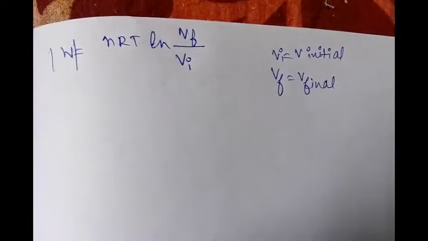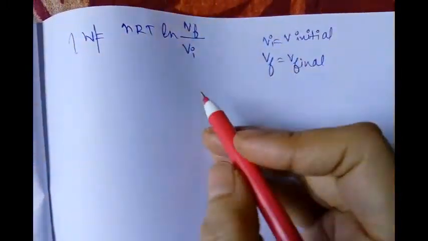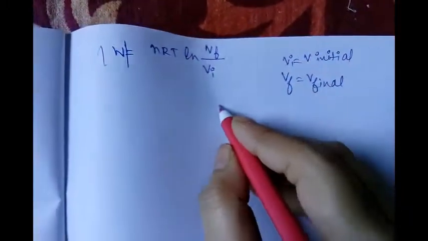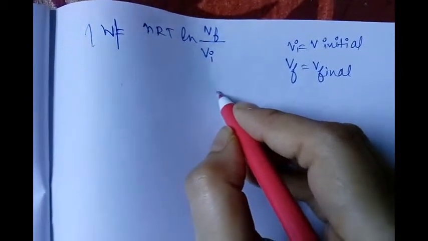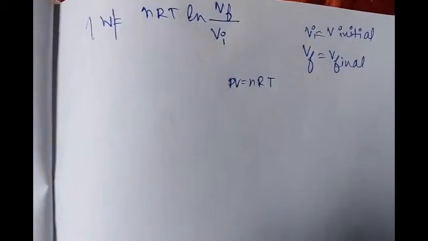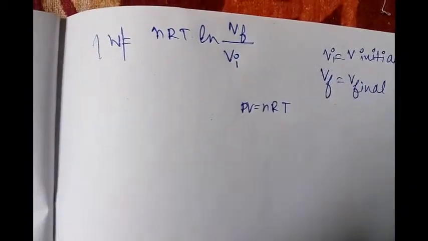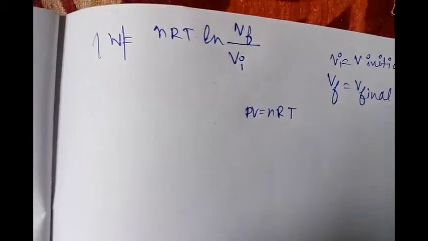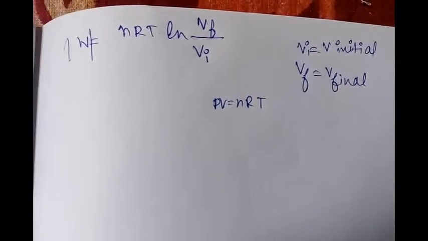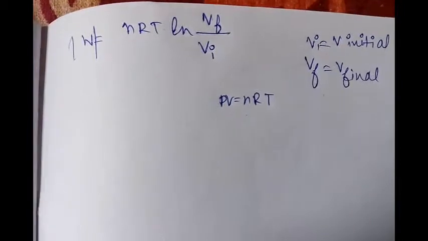Here the assumption is the gas will be ideal in nature, so that we can apply the formula PV equal to nRT. Now we have to know which value will be greater in expansion, in the reversible process or in the irreversible process.